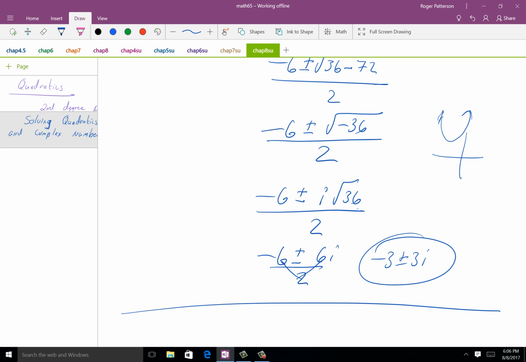So if we're going to do it this way, then we have to go parentheses, negative 6 plus square root 36 minus 4 times 1 times 18, divided by 2. Should it be negative 6 plus or minus?